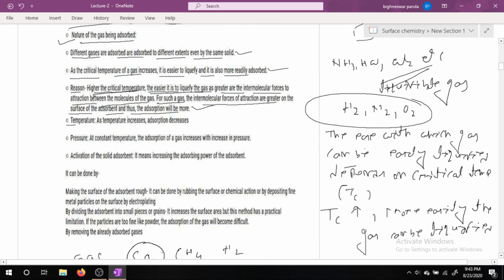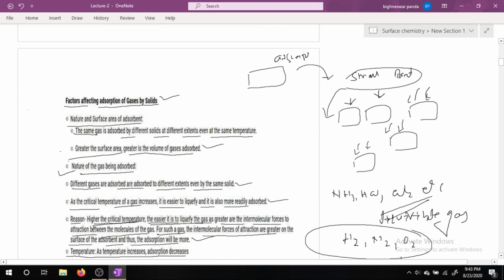What is the effect of temperature on adsorption of gases? Since we are dealing with factors affecting adsorption of gas by solid, this is one type of physical adsorption.